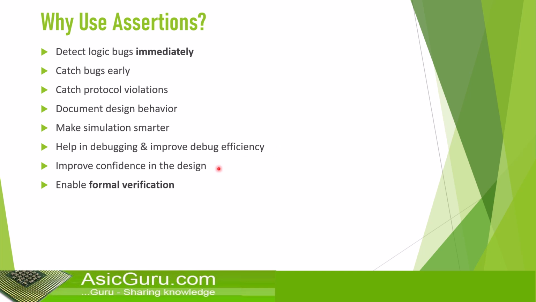Over time, it also helps in improving the confidence in the design. If your design passes all the assertion checks, you are more certain that the design is behaving correctly. Finally, assertions are also essential if you want to move into formal verification. Overall, assertions save time, increase reliability, and help you write better, more robust designs.